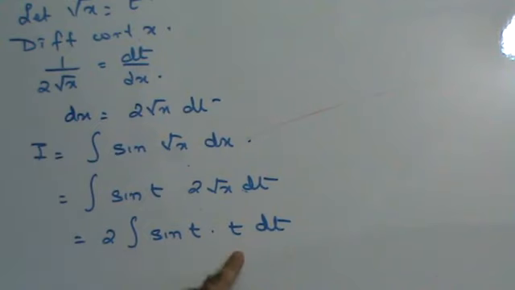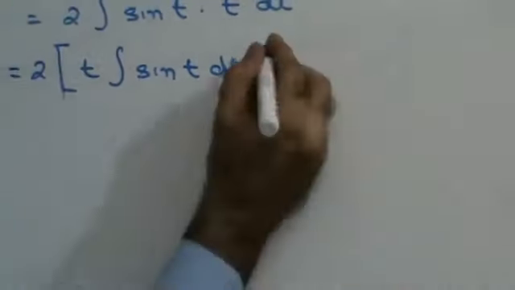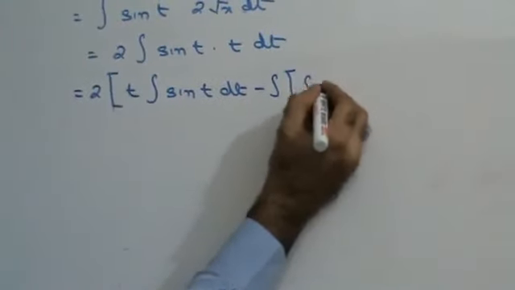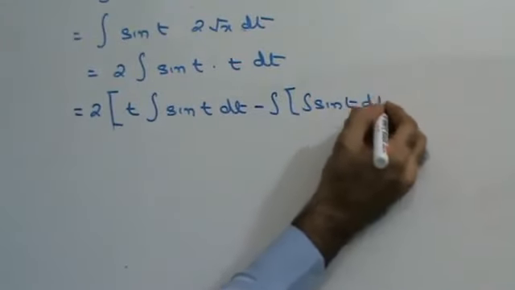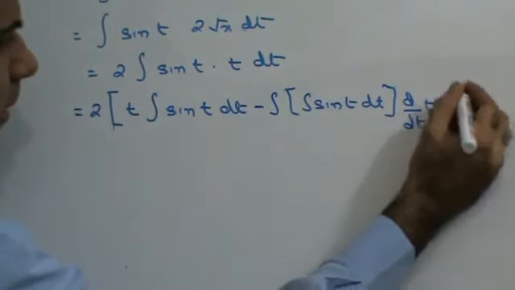Here you have two functions, a multiplication of two functions. So therefore you can use parts here. This is algebraic, this is trigo. Algebraic comes before trigo, so the algebraic term will be the u term. So u integral of v minus integral of derivative of u times integral of v dt.